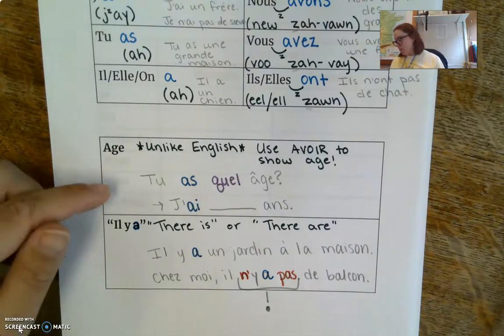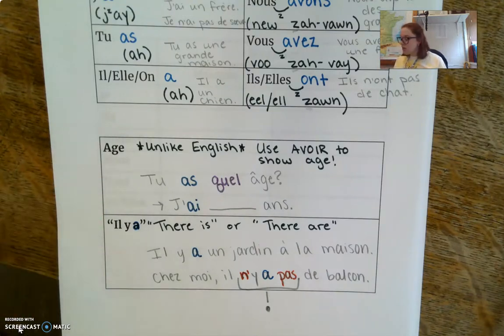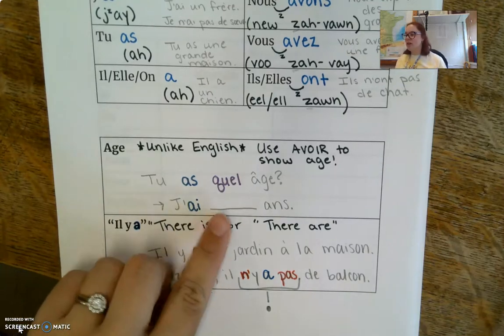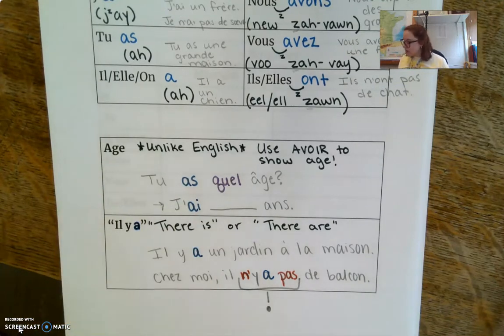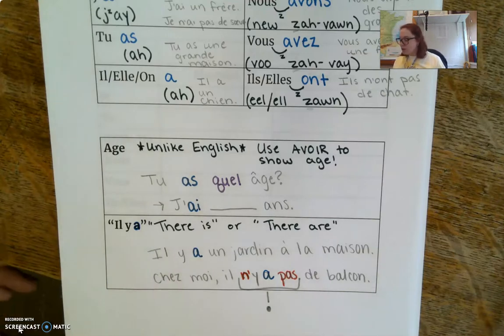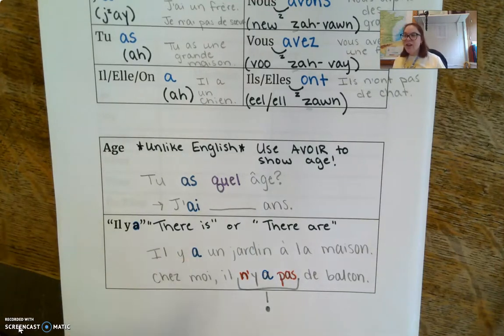Like I am 20, where you use the verb to be like I am. You don't use that être in French. Use avoir. J'ai 20 ans. I have 20 years. And instead of saying there is, it's not il est un jardin, it's il y a. Which literally means he there has. And I know that's something we wouldn't say in English, but it works in French. So this is just a little bit about the verb avoir for you to follow along with.